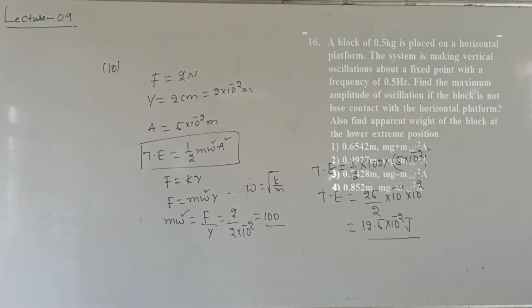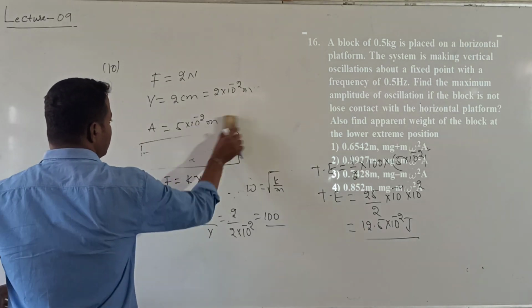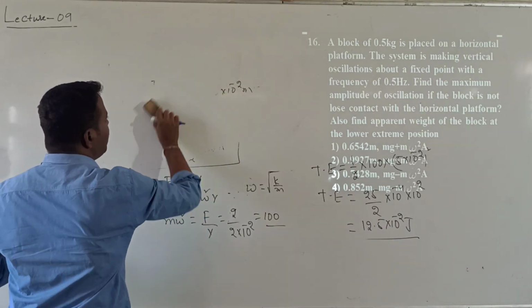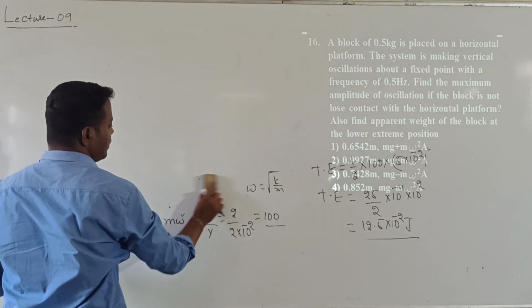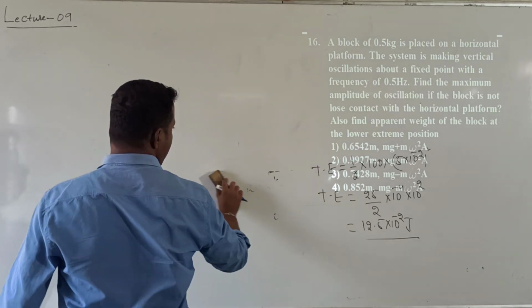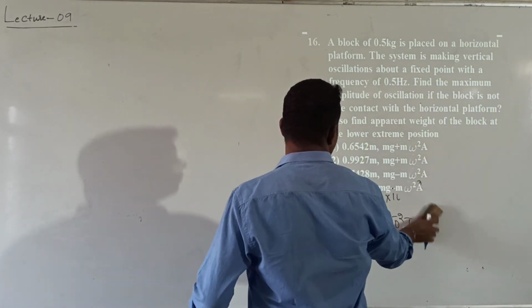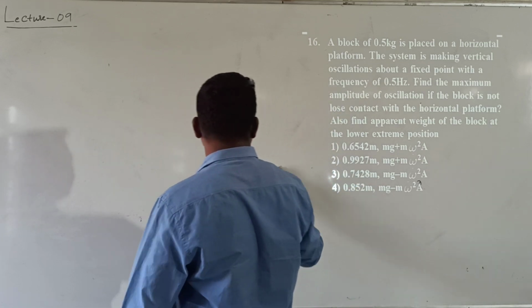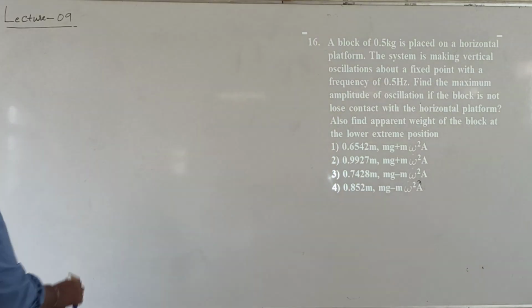Next, question number 16. Important model. So what is this question number 16? A block of 0.5 kg is placed on a horizontal platform.